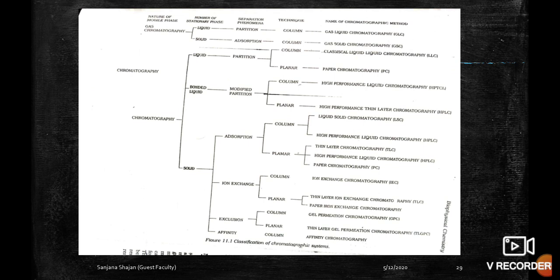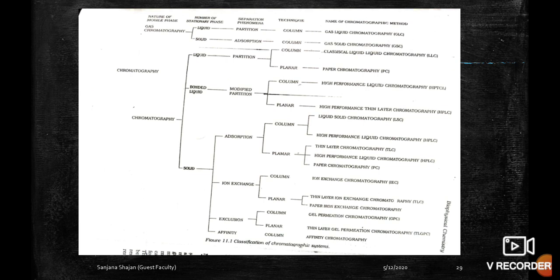You have gas chromatography, then liquid, and also the separation phenomenon, like the type of coefficients used, such as partition, adsorption, and all. Then in solid phase chromatography, you can see the different techniques we already studied, that is adsorption, ion exchange, exclusion, affinity, and the technique, as I previously explained, is either column or planar.